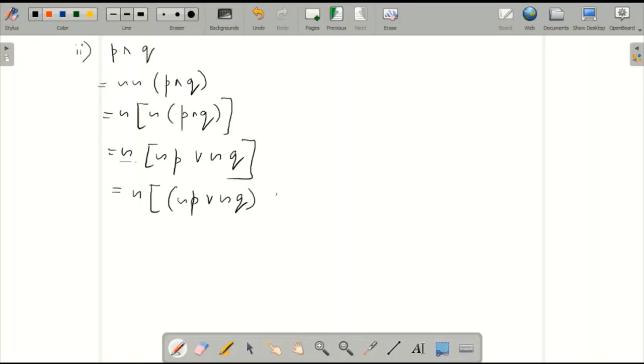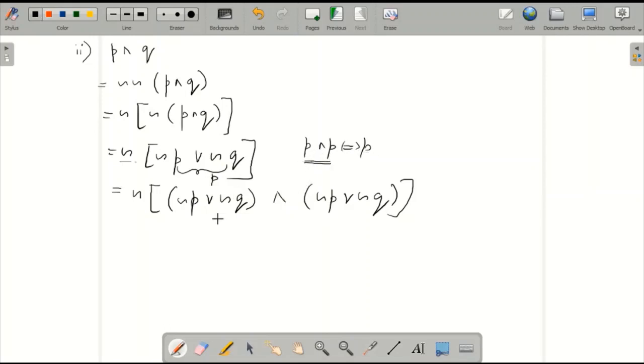I'll apply the idempotent law for this, that is P and P will give you P. Here, this entire term you take as P. So this and this will give the reverse. Usually we took this and brought this, right?